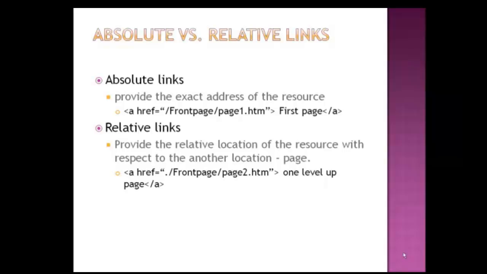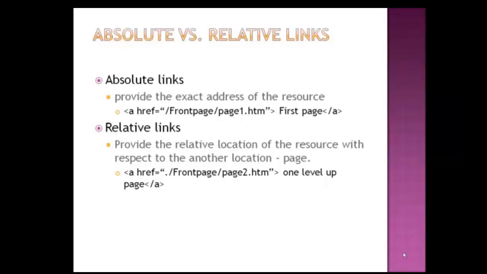When I'm internally referencing, let's say that I'm in a folder that is at the same level as folder front page, and I want to reference page 2 from front page folder, which is a different folder from where I'm located at. I simply reference it by moving up one folder by providing the period / and then providing the front page folder, and then providing the page information.